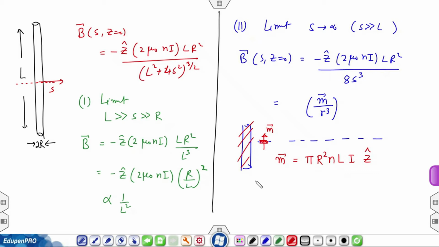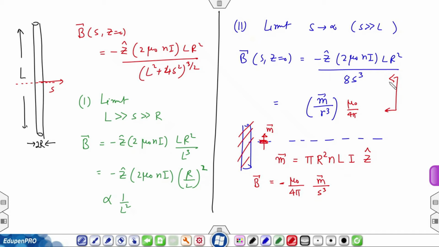And the field in the plane of the magnet perpendicular to m is going to be equal to mu 0 over 4 pi times minus m over s cubed, and that is precisely what this is, except I was missing a mu 0 over 4 pi here. This I will leave for you to show.